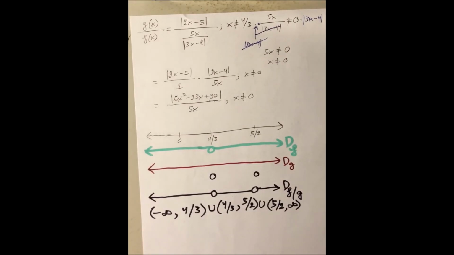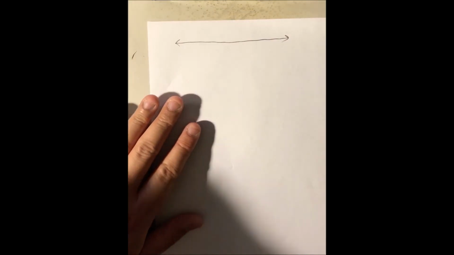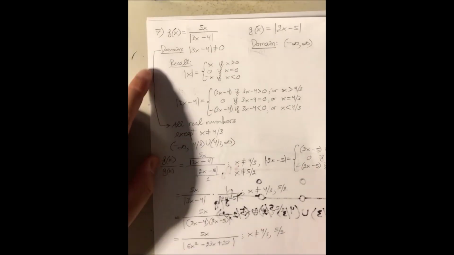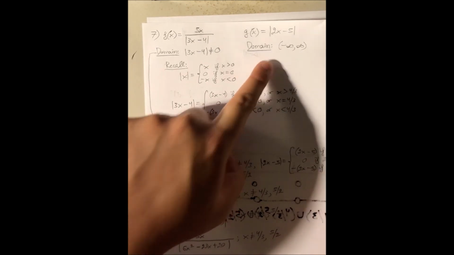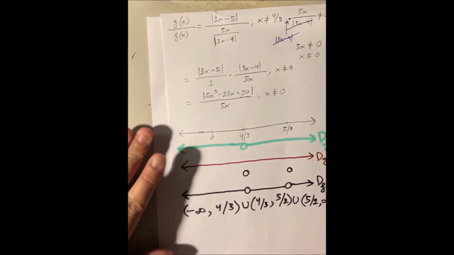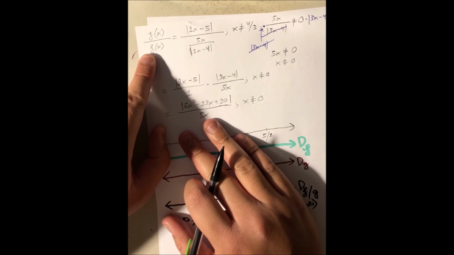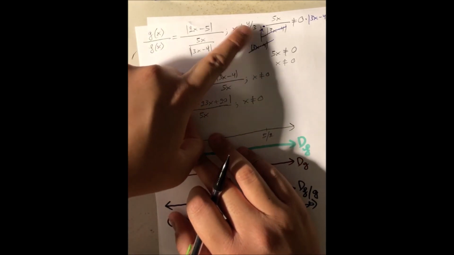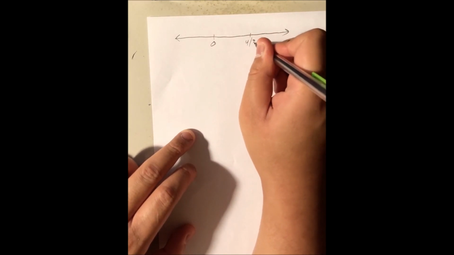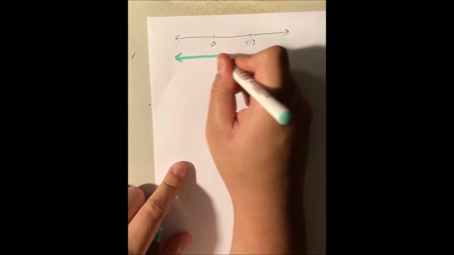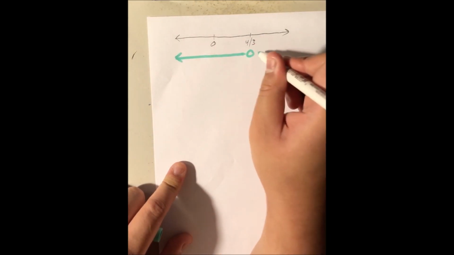Now, what about g over f? Let's see. Domain of f, x cannot be equal to 4/3. No restriction from the domain of g, and in the quotient g over f, x cannot be equal to 4/3 and 0. So I'm going to put 0 here and 4/3 over here. And of course, sketch the domain of the functions f and g, which are the same.